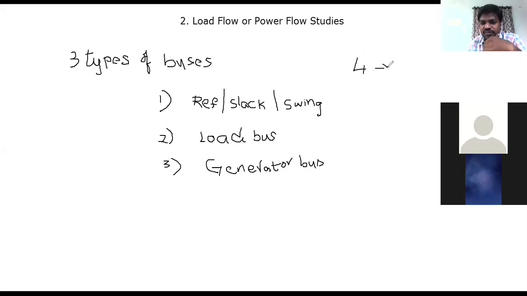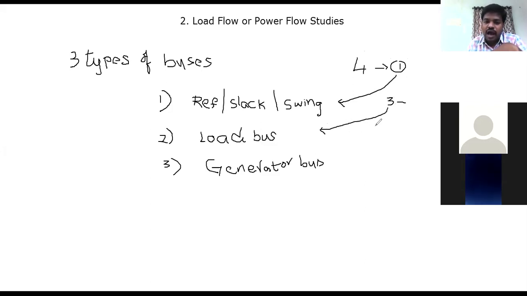Out of these four buses, you are going to consider one bus as a reference bus or slack bus or swing bus. How many buses are left here? Only three buses, and these three buses come under either load bus or the combination of load bus and generator bus. So this is the importance of the reference or slack bus or swing bus.